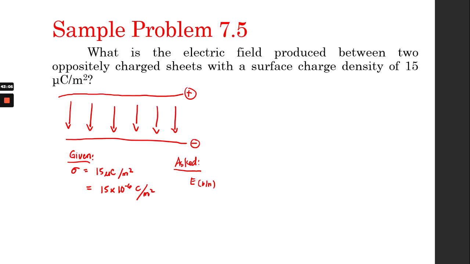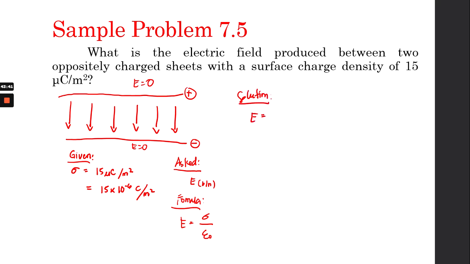We know that the field is only found between, because if you have positive and negative sheets situated parallel, there is no electric field outside, and also no electric field at the top or the bottom. So the electric field is only found inside, or in between. The formula for that is the electric field is equal to sigma divided by epsilon naught.